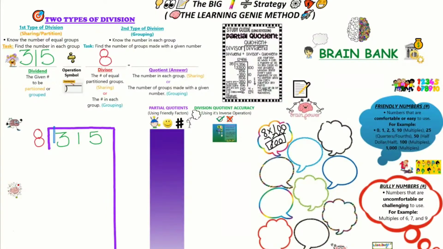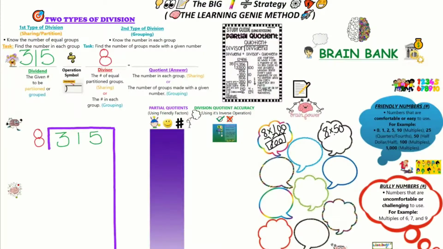Now when I look over here at my dividend, I know that I can't go over 315. 800 is definitely over 315, or larger than 315. Therefore, I must try a different friendly number. I will try 50. 8 times 50.